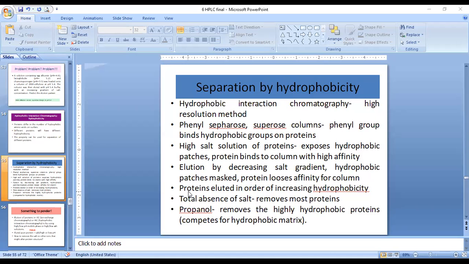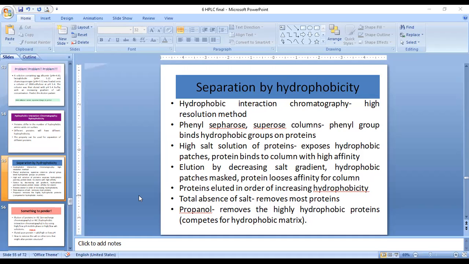What we essentially do is a small manipulation. The sample protein is taken in a high salt solution. Because of that, the hydrophobic patches in the protein, which are sometimes submerged inside the protein molecule, get exposed. A protein molecule is a globular molecule, isn't it? You can easily imagine that.